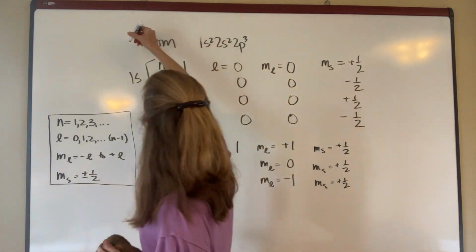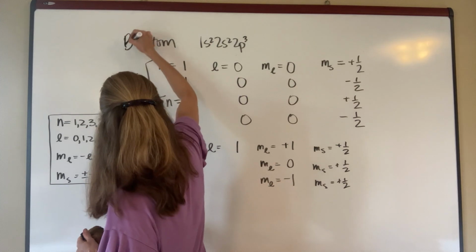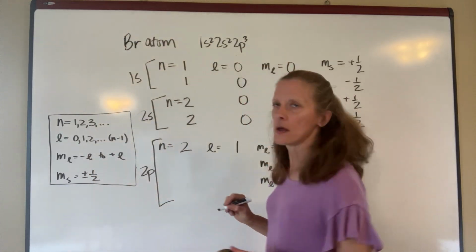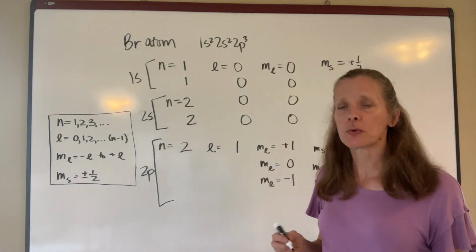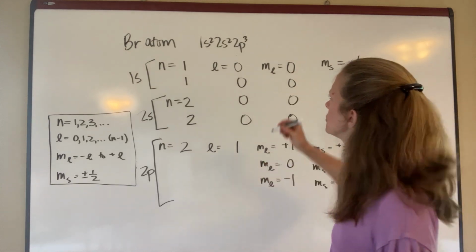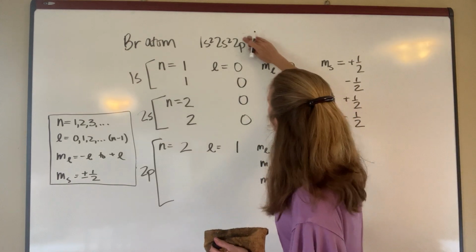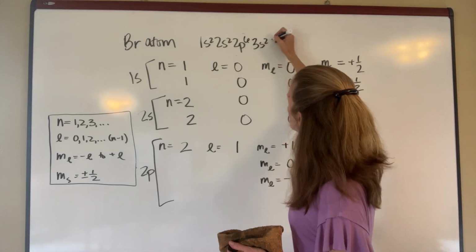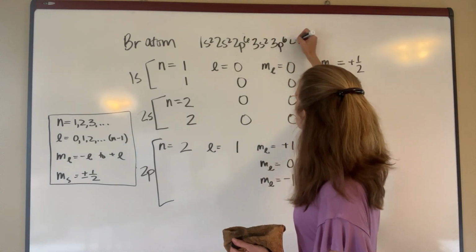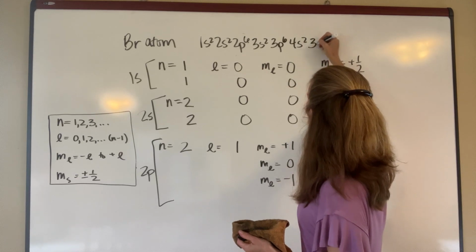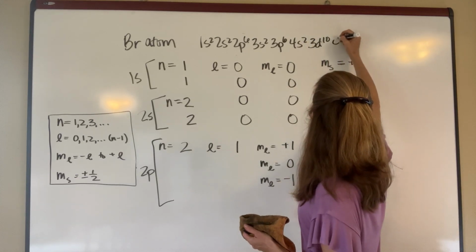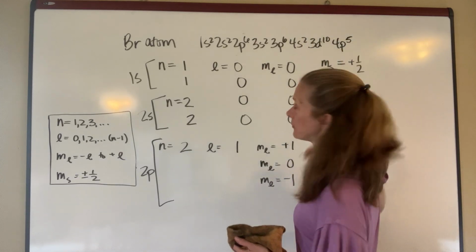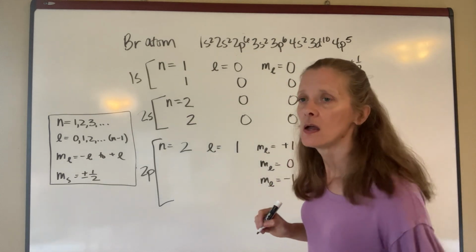If I have a bromine atom, the complete electron configuration for a bromine atom is 1s2, 2s2, 2p6, 3s2, 3p6, 4s2, 3d10, 4p5, okay?